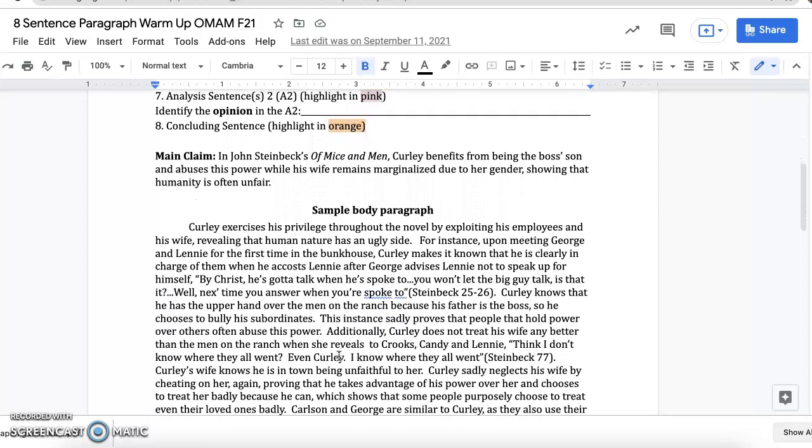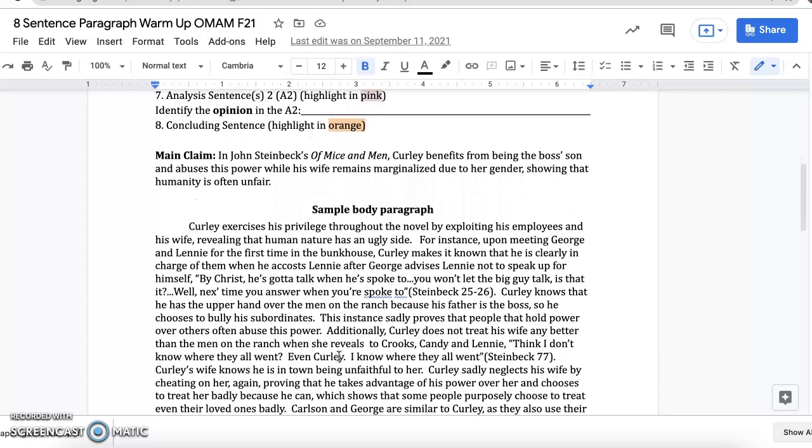So we are looking at the same main claim that reads, in John Steinbeck's Of Mice and Men, Curly benefits from being the boss's son and abuses this power while his wife remains marginalized due to her gender, showing that humanity is often unfair. So the two topics that we designated in this main claim would be Curly.